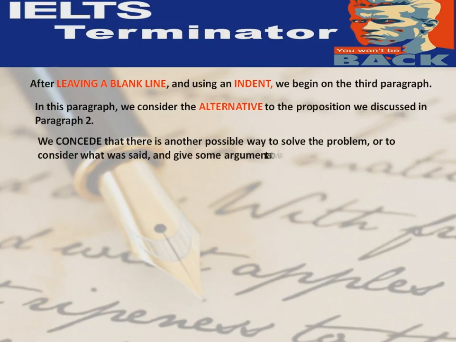In paragraph 2, we made an argument for the proposition. In this paragraph, we concede that there is another possible way to solve the problem or to consider what was said, and we give some arguments as to why this other way to think of the problem could also be correct.